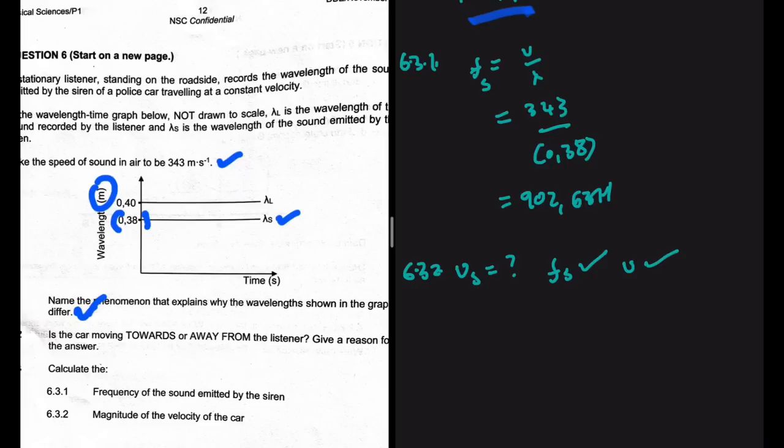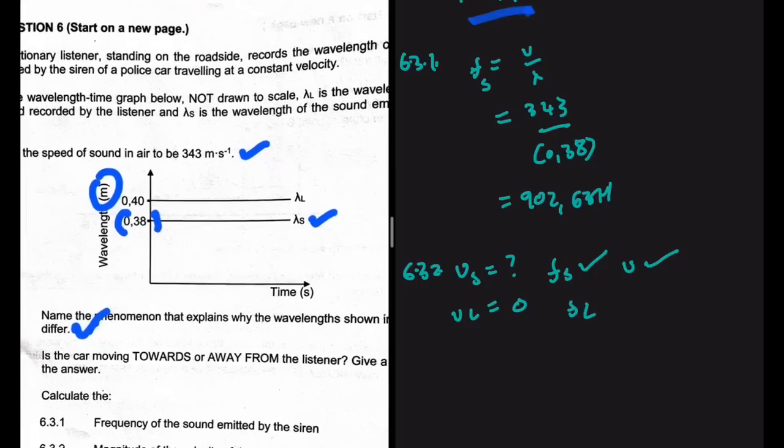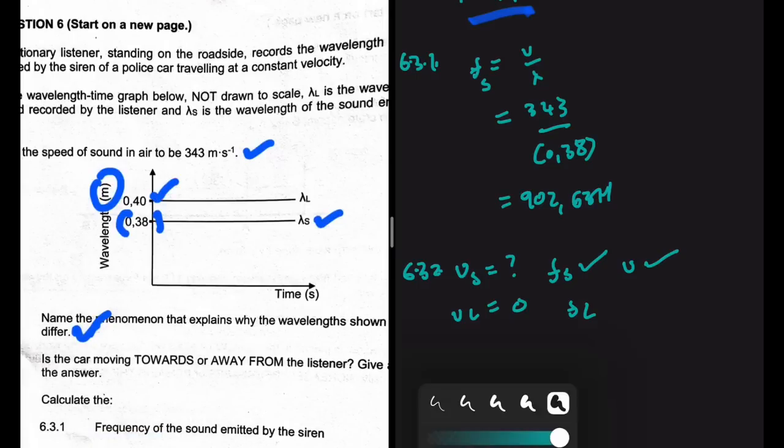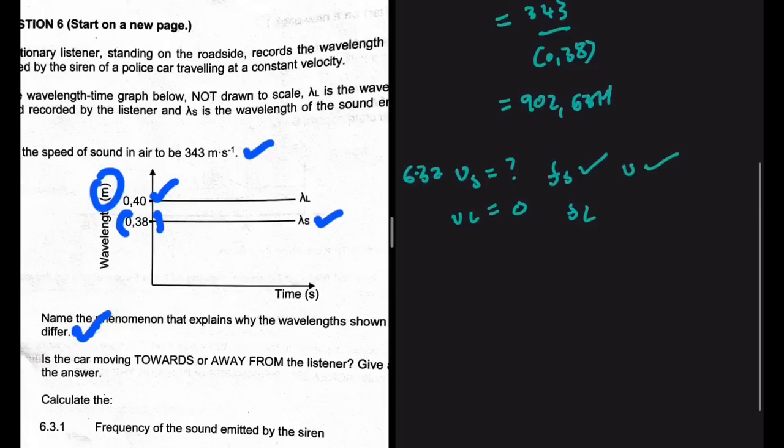So we are looking for Vs. We have VL because the listener is stationary, which is 0. And then what about the frequency observed by the listener? We can calculate that because we are given the wavelength. Let's leave that for now, but we can calculate it as we move forward.